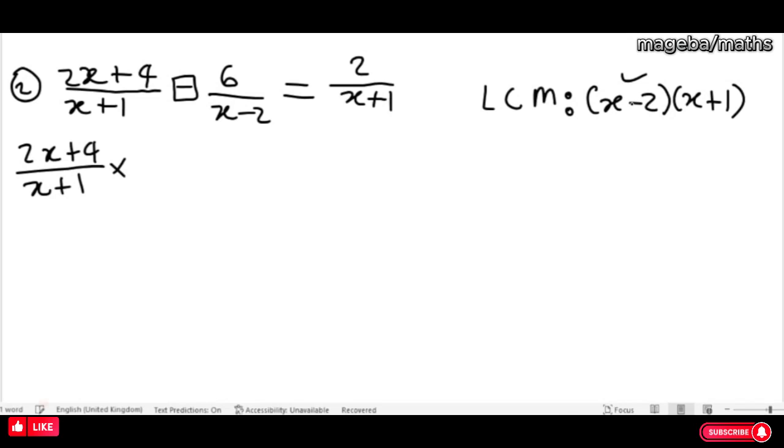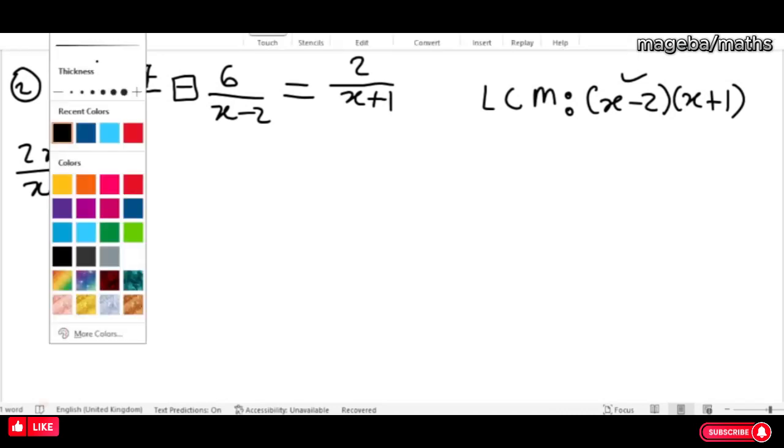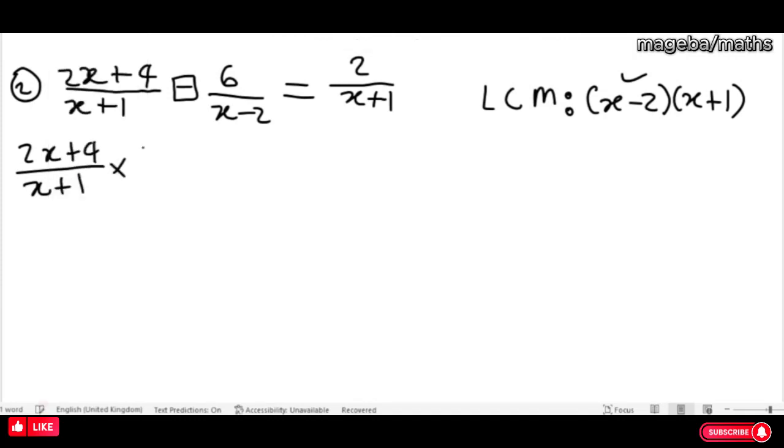Now timesing it, you must times it on the numerator and also on the denominator. So we're going to apply this by timesing x minus 2 all over x minus 2. Remember, this is just 1 because these two divide each other, so they can cancel each other, and we're going to come back to this one.